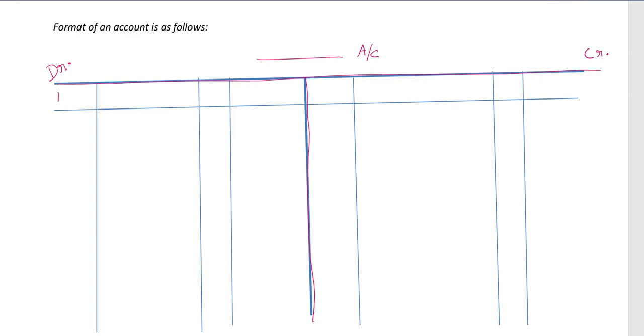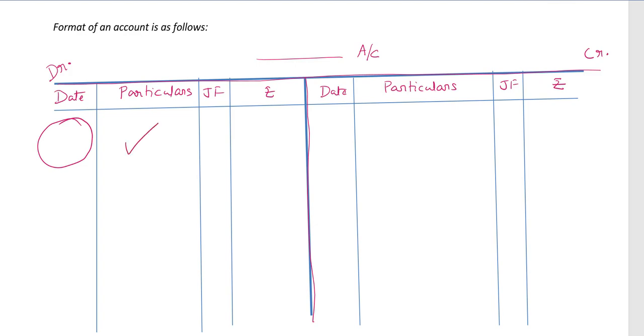On either side, we have date, particulars, JF and rupee column. On both sides, the same headings come. Under the date column, the date of the transaction is written. Under the particulars column, the name of the other account is written.